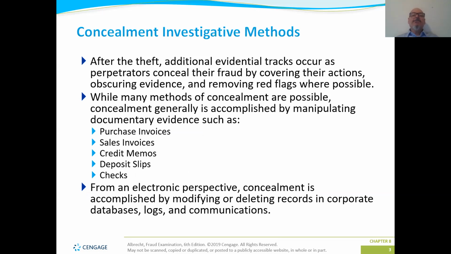Possible concealment generally is accomplished by manipulating that documentary evidence that we talked about in previous classes. Manipulating purchase invoices, sales invoices, credit memos, deposit slips, checks, so on and so forth.